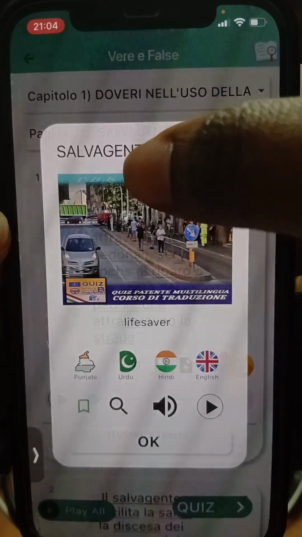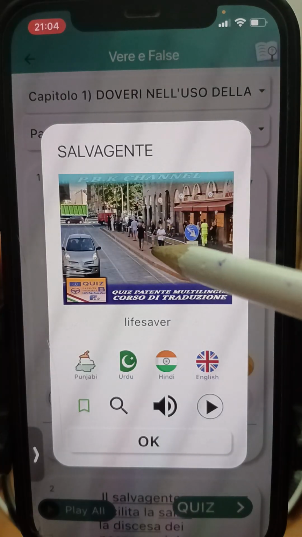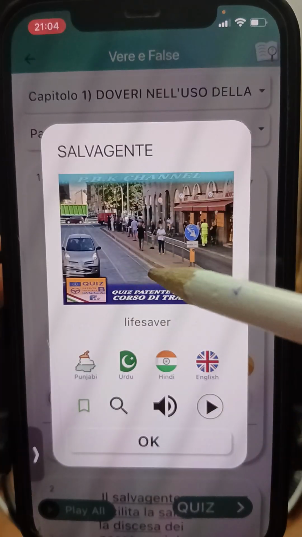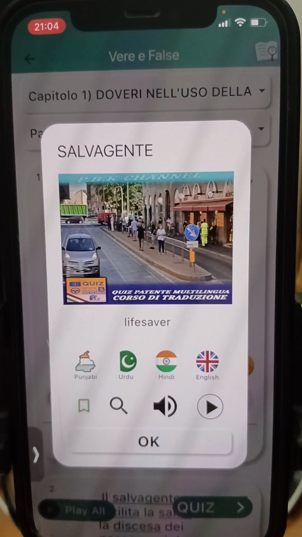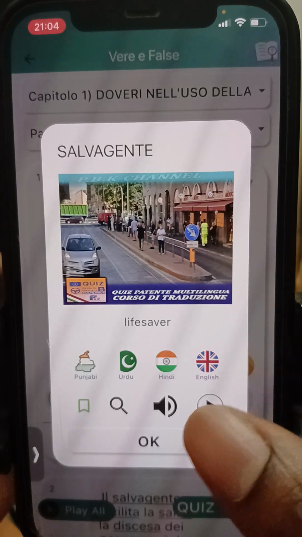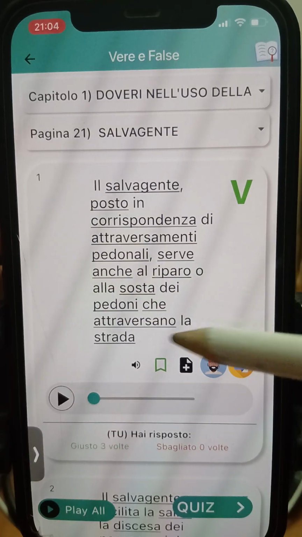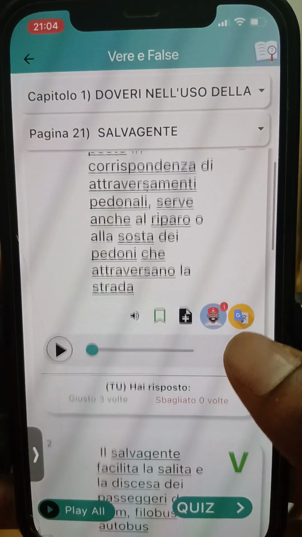If you want to cross the road, you can stand here, look left and right, and if vehicles are no longer coming, you proceed and cross the road. It also serves as a shelter or parking for pedestrians who want to cross the road.